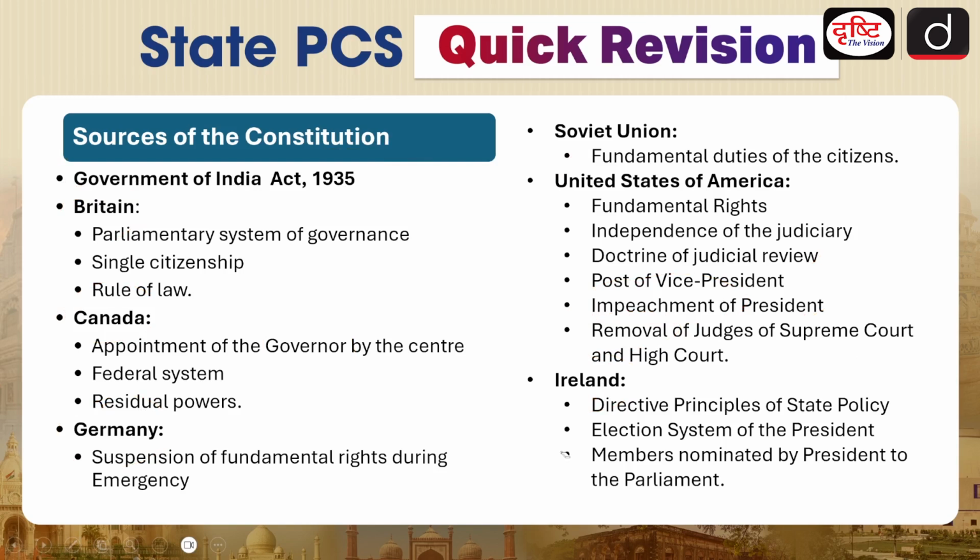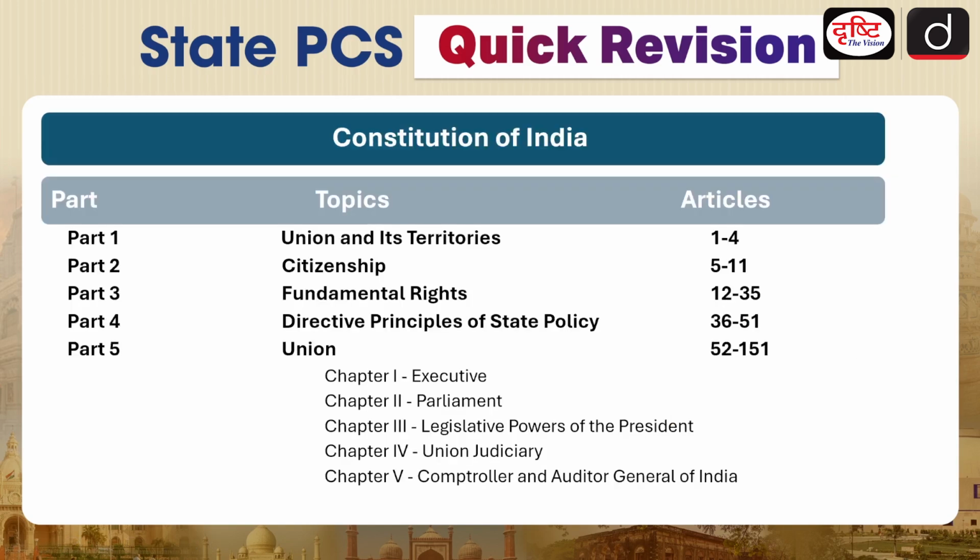Now moving further to the next part, that is the parts of the constitution. If we discuss the parts here, you will see there is a concept which has been followed. When we talk about a state, the state has various parts: one is the territory, then people, then government, and then sovereignty.